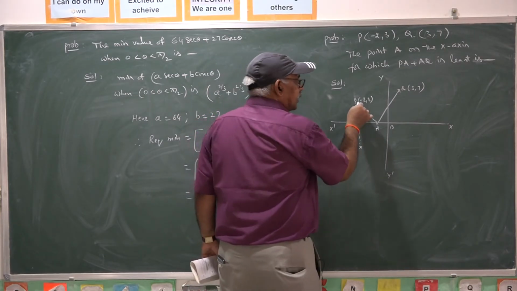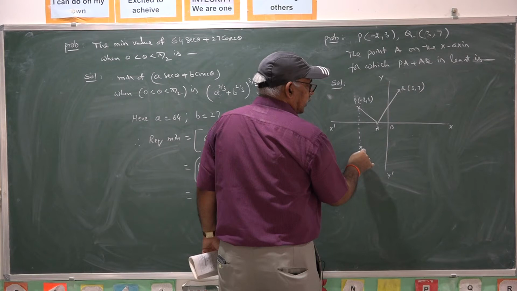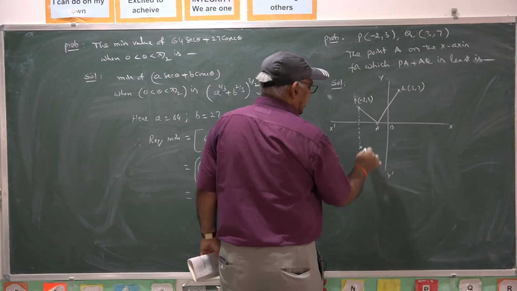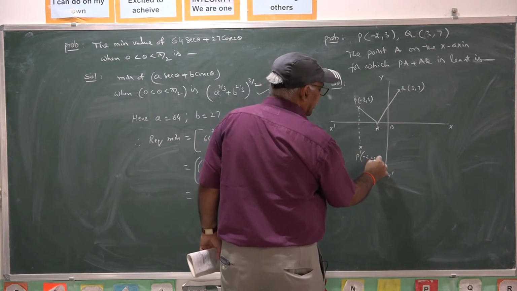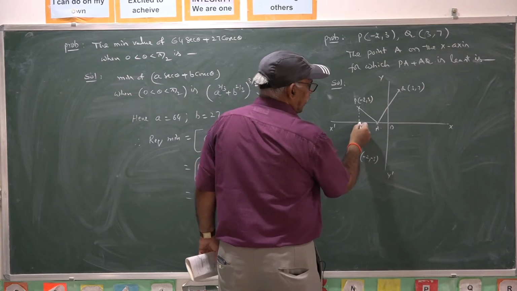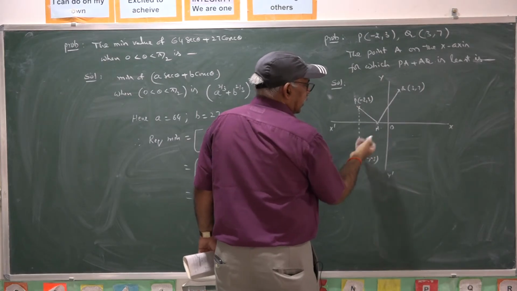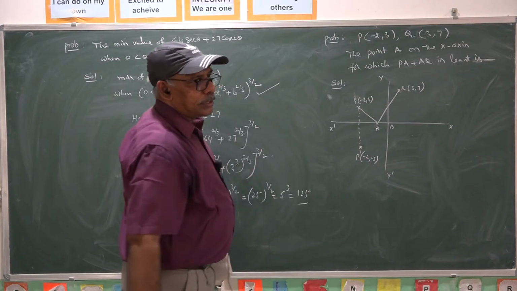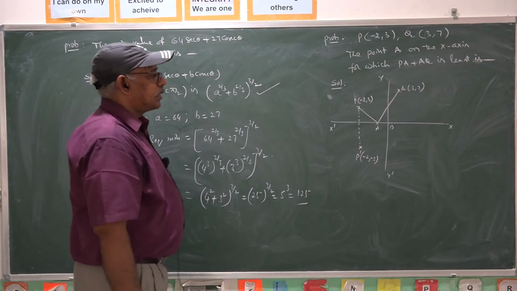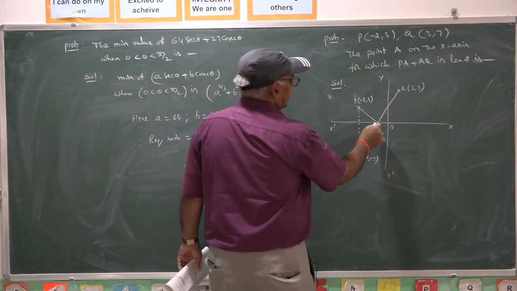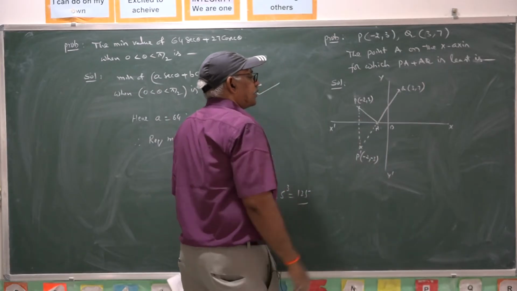I am taking the image of this P in the x-axis. The image of P in the x-axis is minus 2, minus 3, because this distance is 2 and this distance is 3. That is why I am taking 3 below the x-axis.